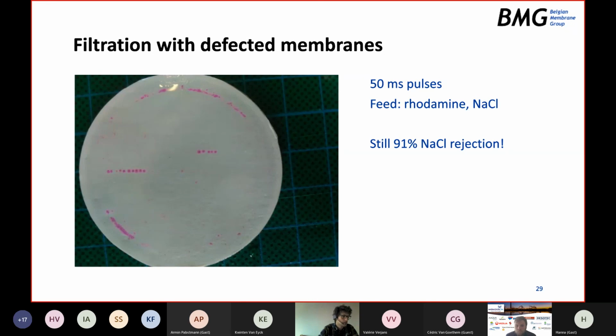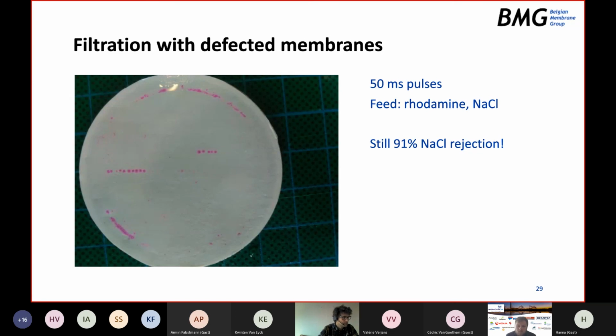That's because the active layer is water permeable. This is why the water flux and the salt rejection are very resilient against defects. You can puncture a membrane quite significantly, and still the salt rejection and the water permeability will not change significantly.